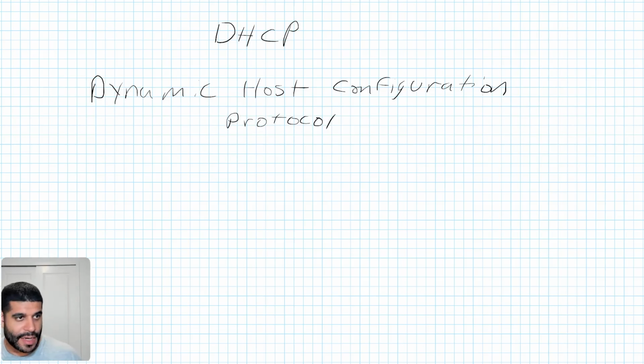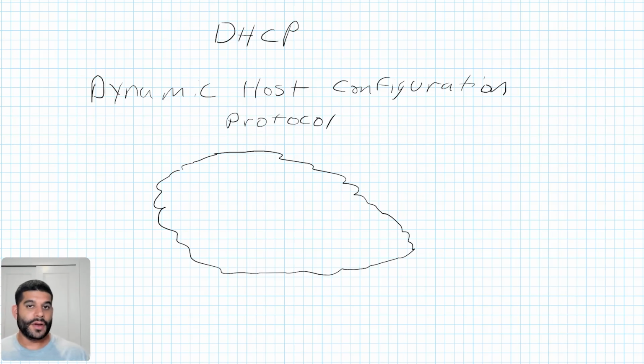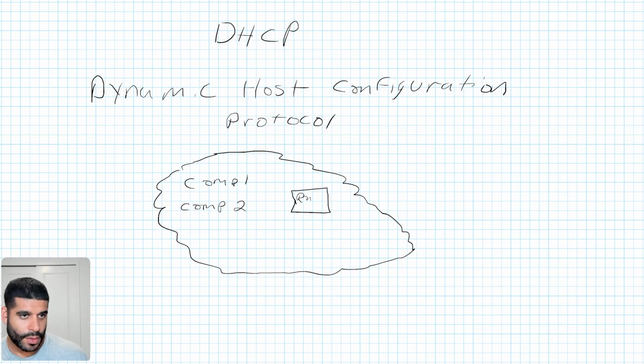So remember last time I did a drawing, it looked like a cloud, but I'm gonna say, there it is. This is gonna be my network. And let's say in our network we have computer 1, then we have computer 2, and let's say you have your router. So remember from our last video, we actually had a network, and by the way, we can put an arrow here and we say our network is 192.168.1.0.